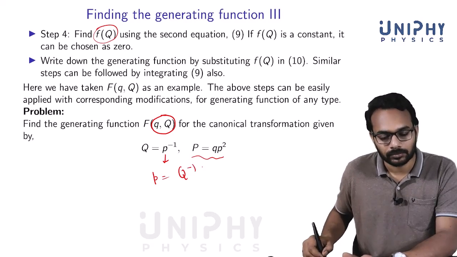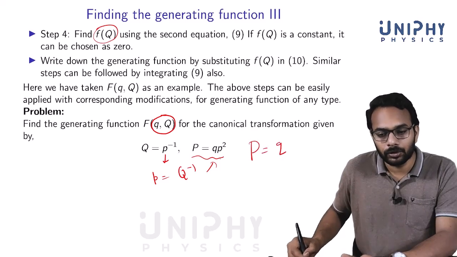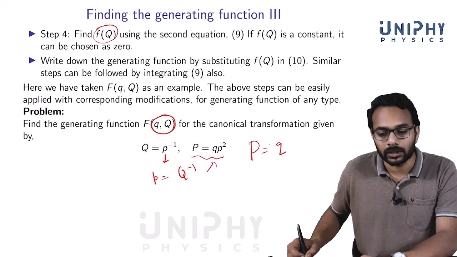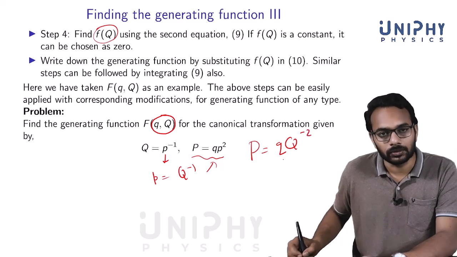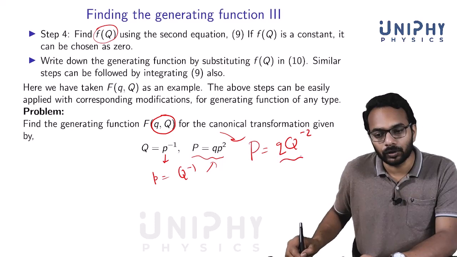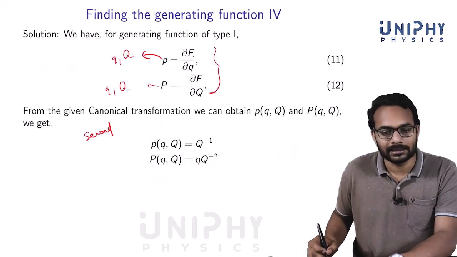And then you put this here. Capital P is equal to q multiplied by, Q is already p, small q multiplied by p square. p is Q inverse, so it's Q raised to minus 2. So again we have capital P as a function of small q and capital Q as we need.